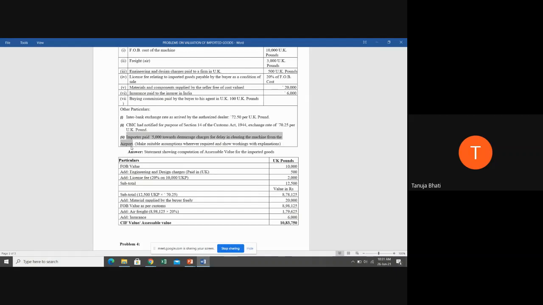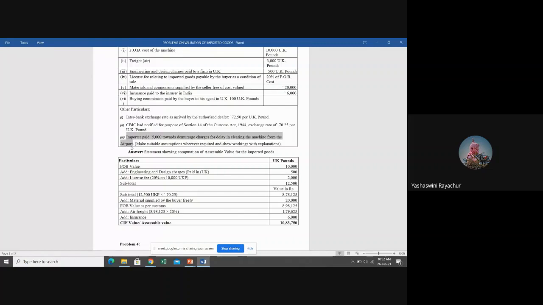The machine has reached the airport, but to take the machine from the airport the importer delayed, for which he was charged rupees 5,000. Now, should this 5,000 be considered, students? No, ma'am.